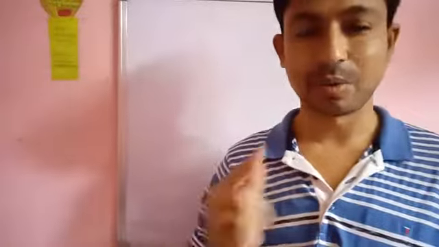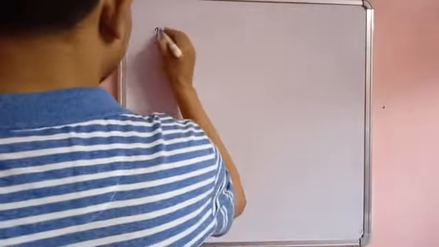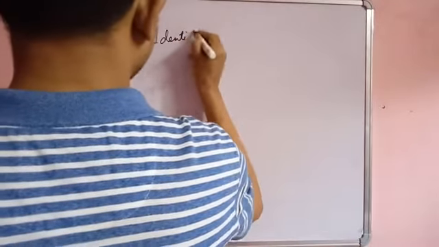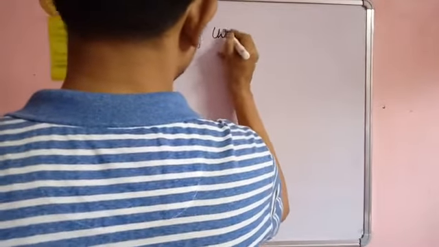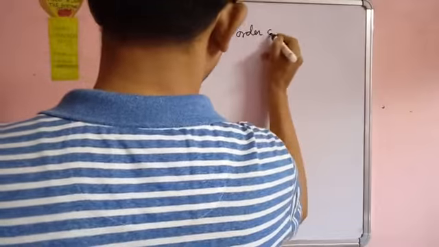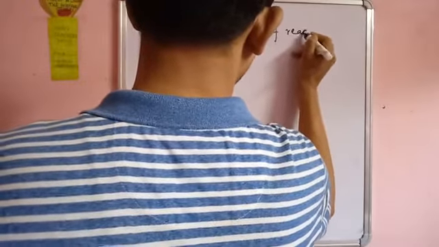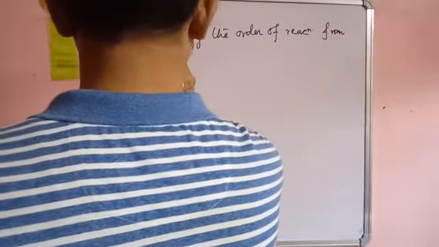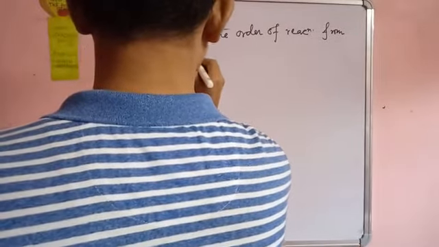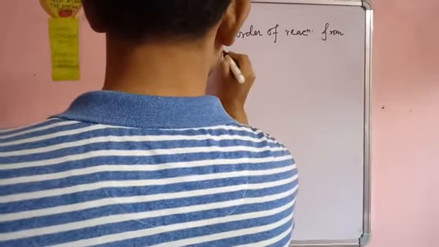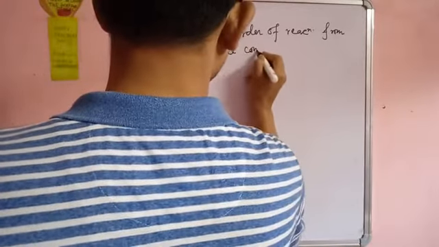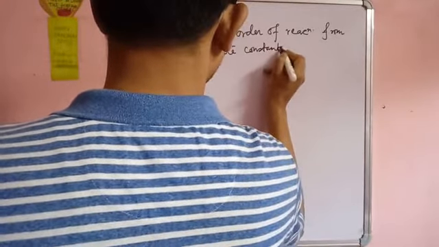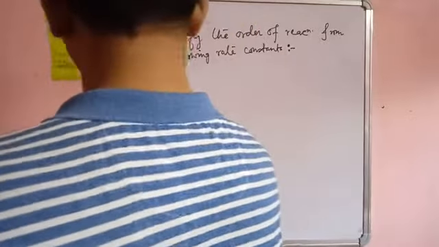In a one mark question it may come like this: identify the order of reaction from the following rate constants. So rate constants have been given to us, and from them we have to determine the order of reaction.